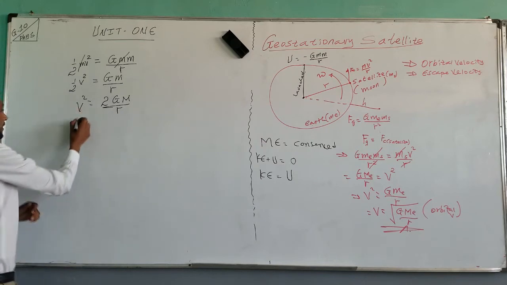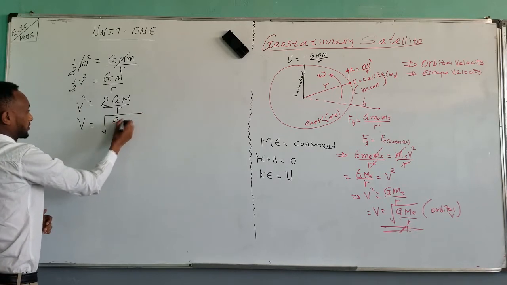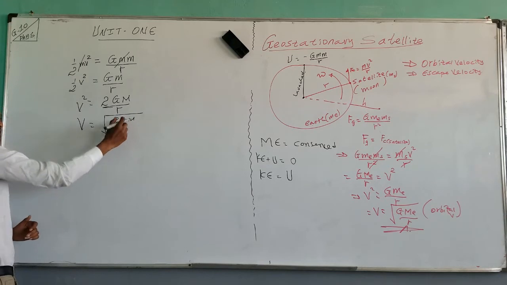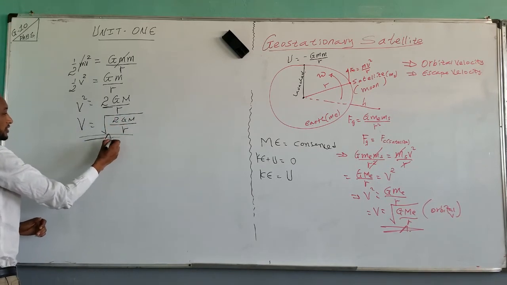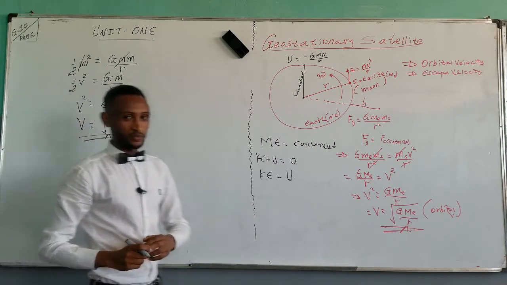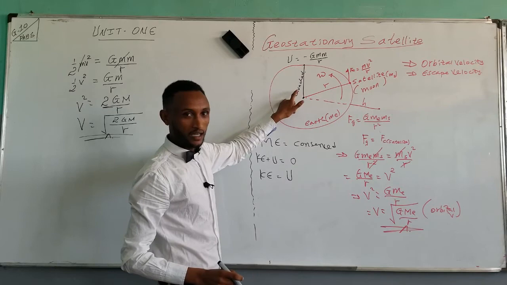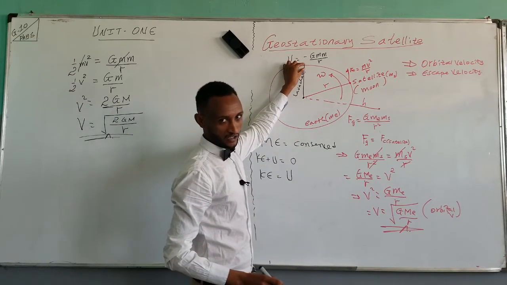So the velocity is equal to the square root of twice the gravitational constant times the mass of the Earth over the radius. This speed is the escape velocity, the speed by which the satellite can be launched out and climb out of the maximum potential of the Earth.